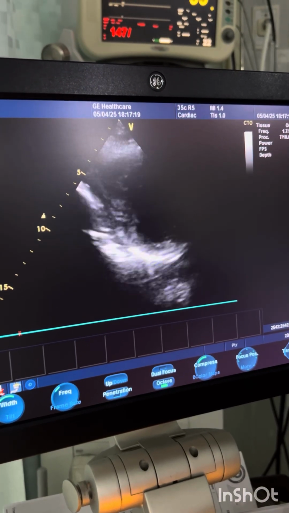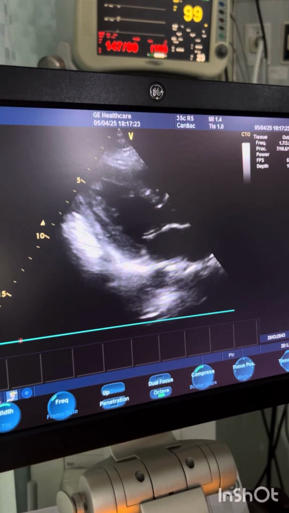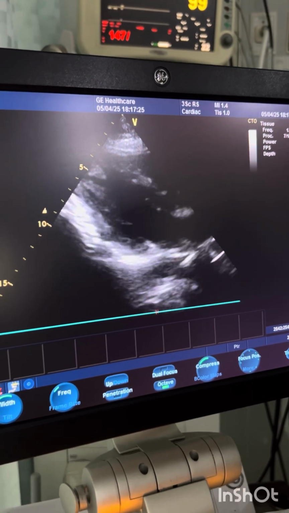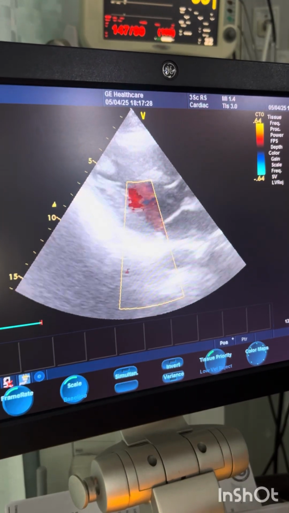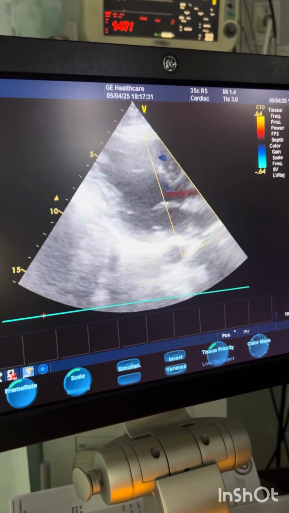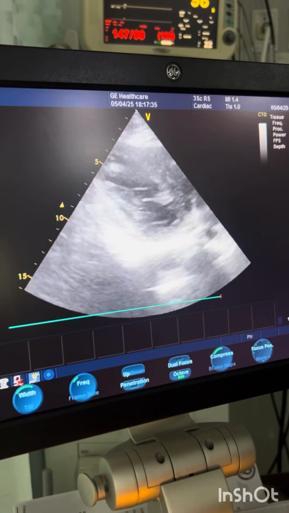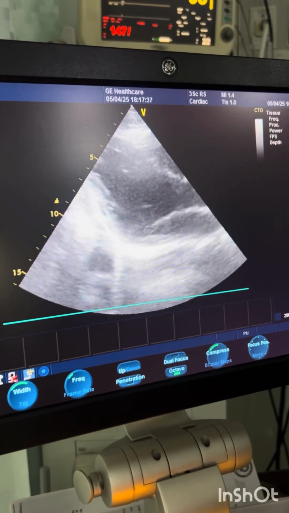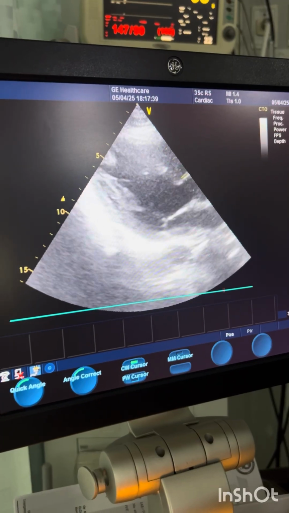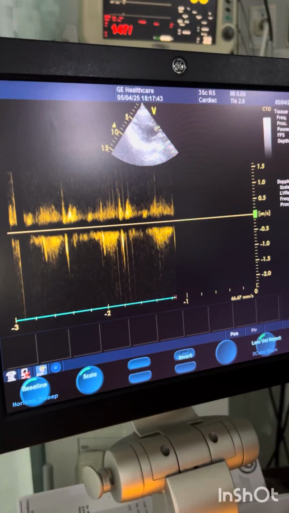We can see that the apex seems dyskinetic, and mild LV dysfunction is there. The inferior wall and lateral wall are moving well. Normal movement of the mitral valve leaflet is there. We can well appreciate the LV apical clot.